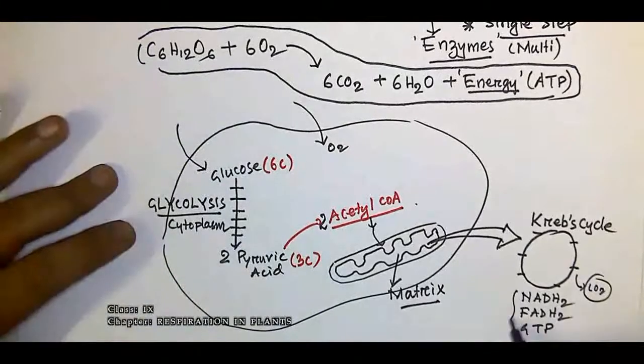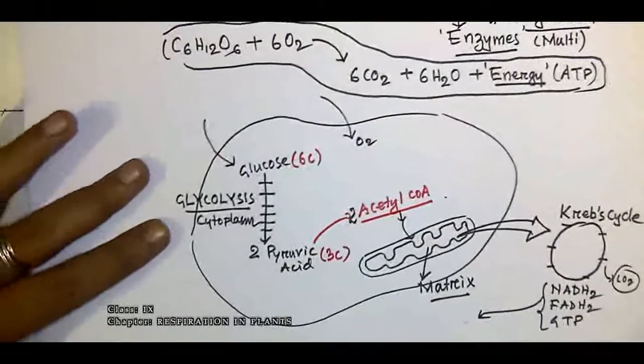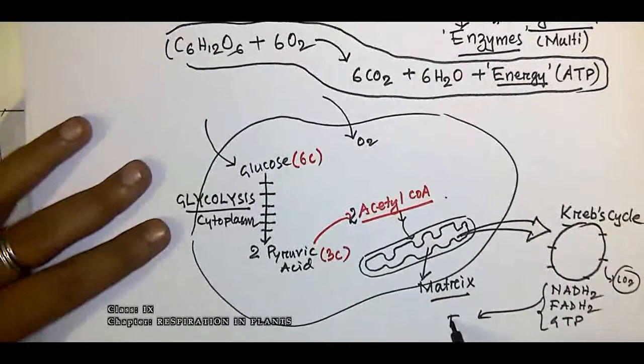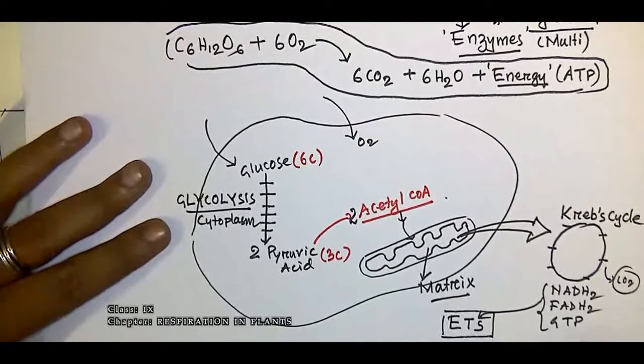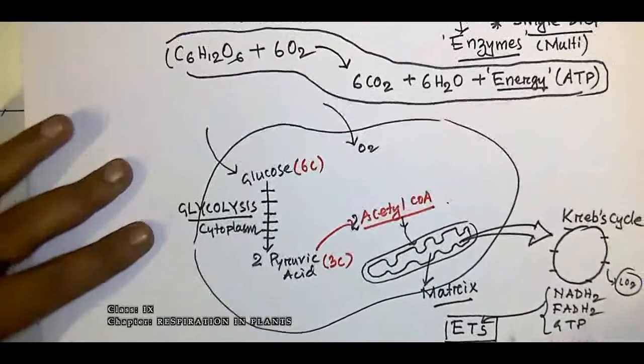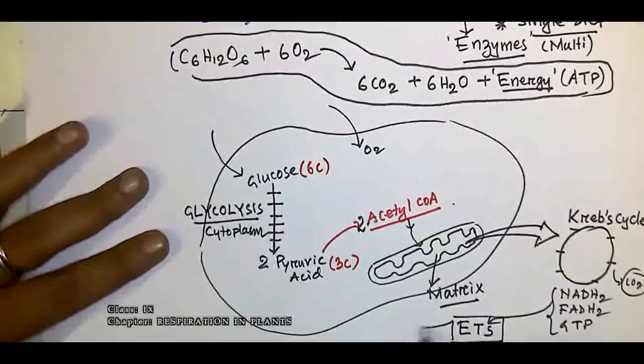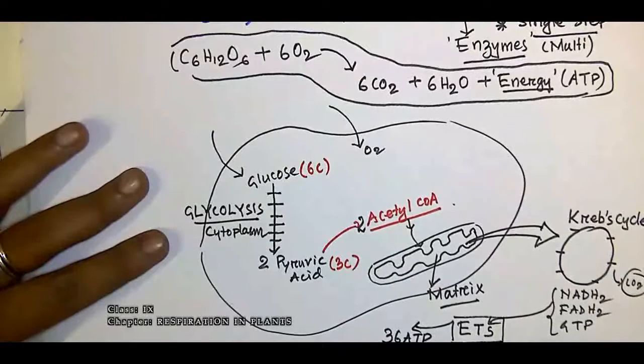So these things will enter into a next process. And what is the name of that next process? That is the electron transport system. And after they enter into this ETS, they will produce roughly close to 36 molecules of ATP.